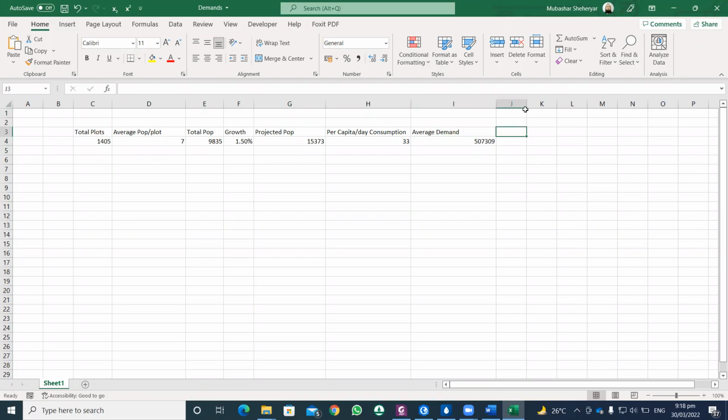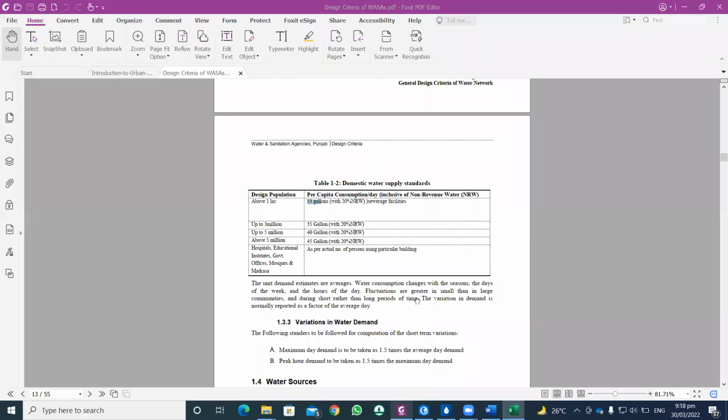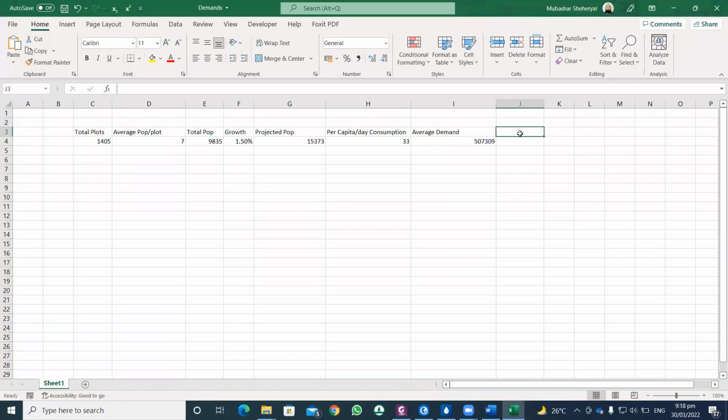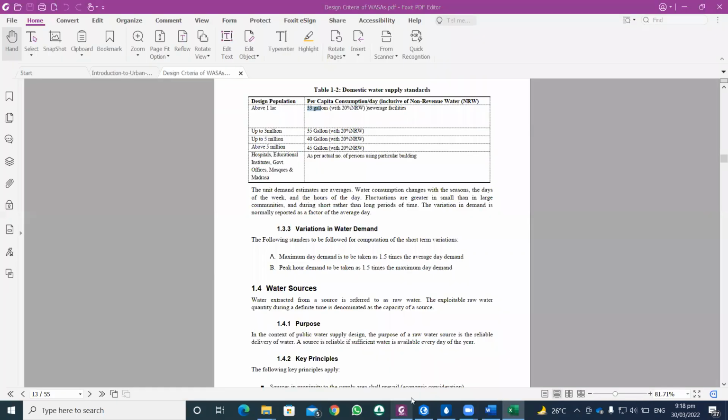To calculate the maximum day demand, the standard says that the maximum demand is to be taken as 1.5 times the average day demand. So the maximum day demand will be the average demand multiplied by 1.5. We basically design for the peak hour demand. Therefore, the peak hour demand will be equal to 1.5 times the maximum day demand.